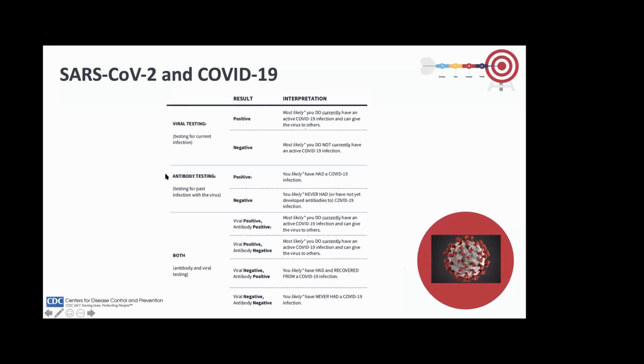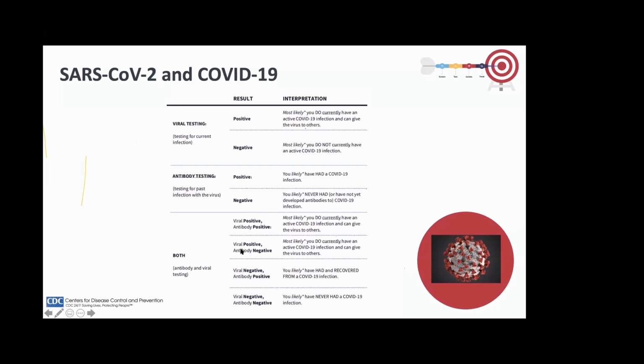If you use both viral testing and antibodies, then if you have a viral positive by PCR and antibody positive, it means it's current and the patient has an active disease, but maybe in the second week of the infection where the antibodies are produced.